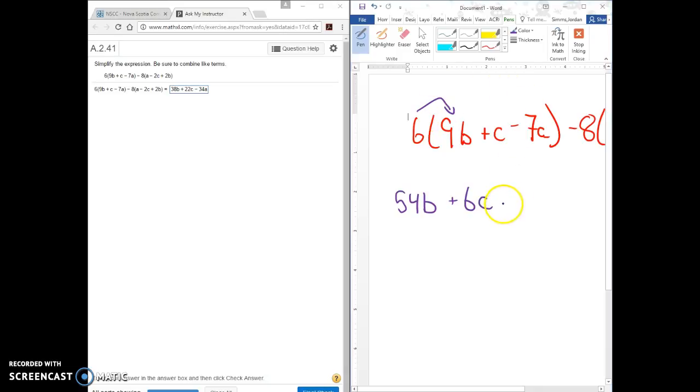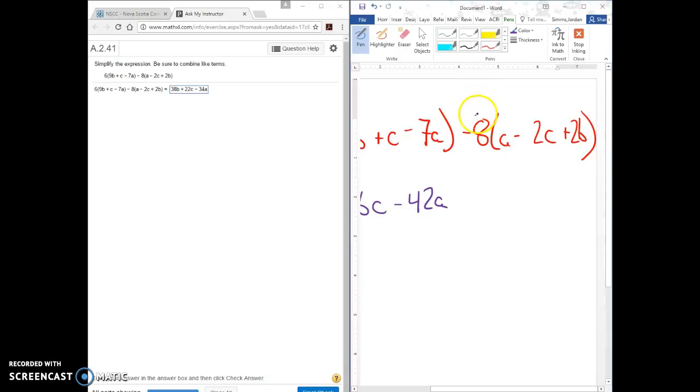And 6 times minus 7 is minus 42a. Over here with my second group of brackets, I'm going to have negative 8 times a, which is negative 8a. I'm going to have negative 8 times negative 2, which is plus 16c. And then negative 8 times positive 2, which is minus 16b.